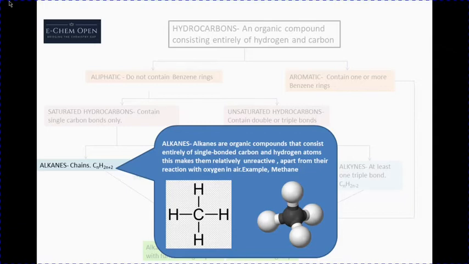Alkanes are organic compounds that consist entirely of single-bonded carbon and hydrogen atoms. This makes them relatively unreactive, apart from their reaction with oxygen in air. For example, methane.